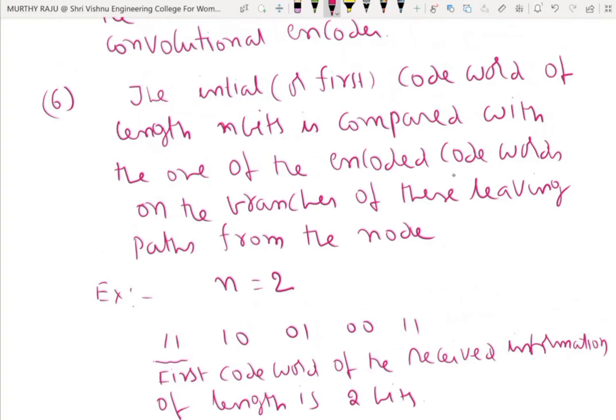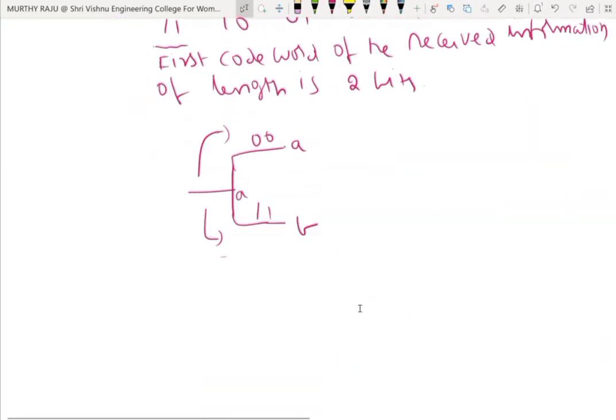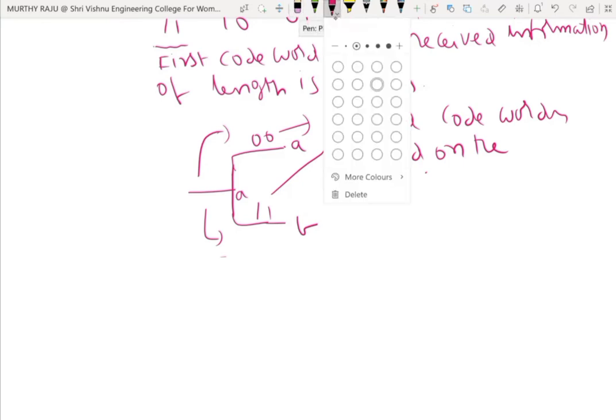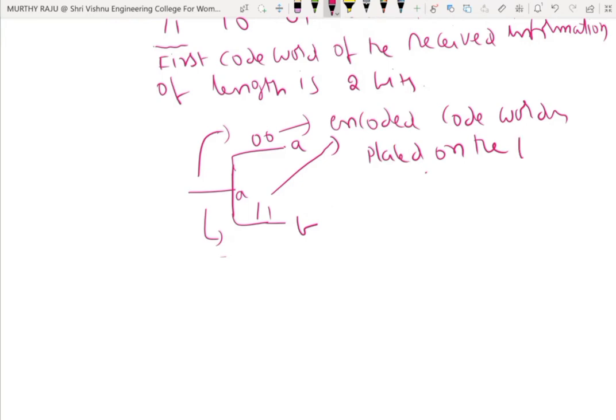In the sixth point, the initial or first code word of length n bits is compared with the one of the encoded code words on the branches of these leaving paths. These are the encoded code words placed on the branches of that paths.